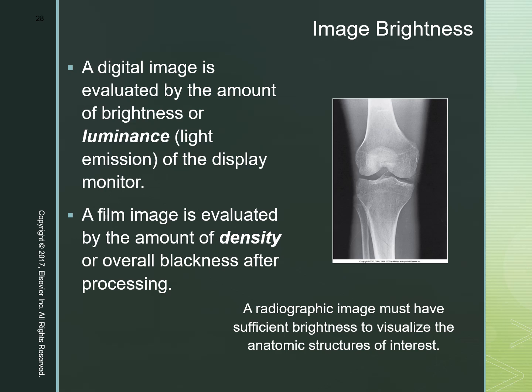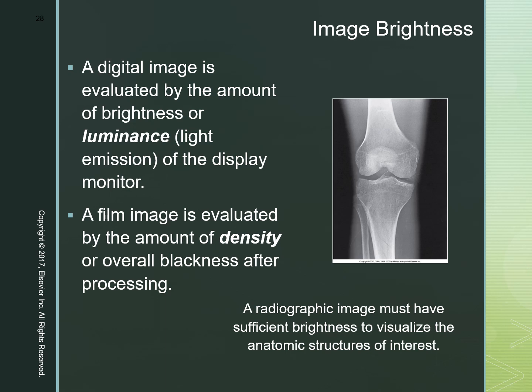Okay, image brightness, like we talked about. The digital image is evaluated by brightness through luminance. Luminance is the light emission from the display monitor. We're going to look more in depth at our display monitors, but basically display monitors are usually backlit. So if I had no image on my display monitor, you would just see a bright white screen.